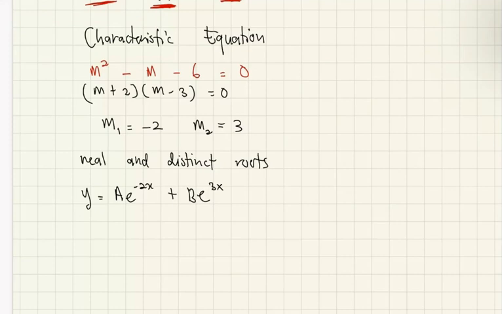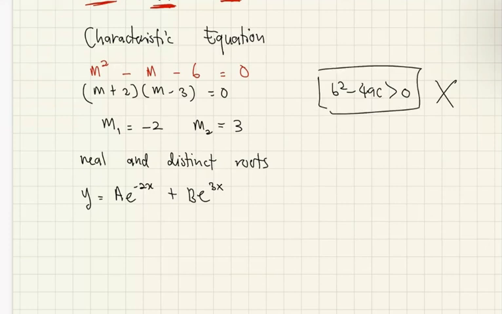No need to solve for b squared minus 4ac. No need to write this one. This is just to know which type of solution is possible. So this is the first case where the roots are real and distinct. So hence this is our solution: y equal to a exponent minus 2x plus b exponent 3x.